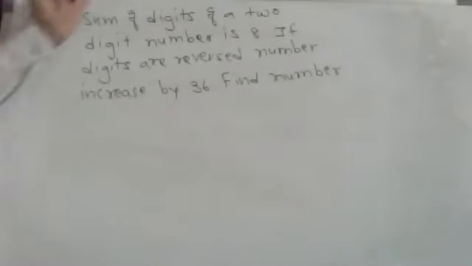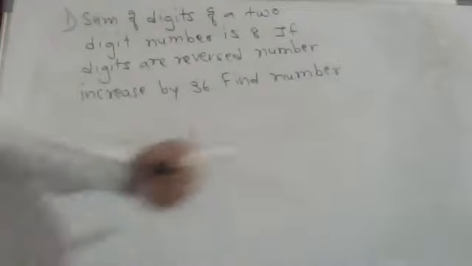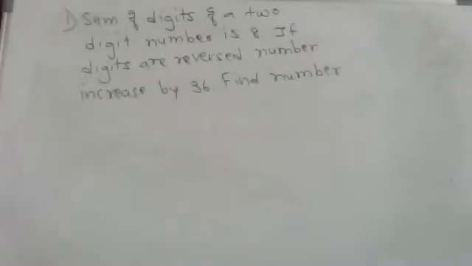Now we'll see the method and then move towards the shortcut. First, how a number is derived. Say this is a number 64. This is the unit digit, and this is the tens place digit. Tens place digit is 60, 6 into 10 plus 4.